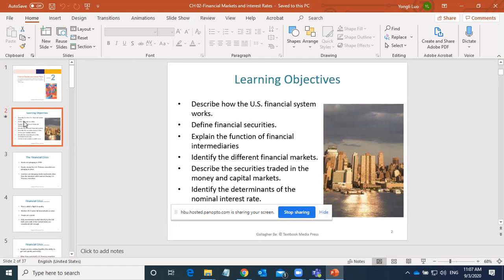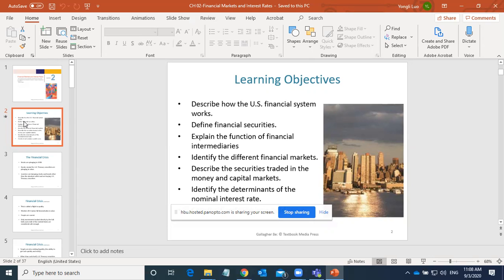Okay, so now we learn the U.S. financial systems. Define financial securities and explain the function of financial intermediaries, the function of international financial intermediaries.